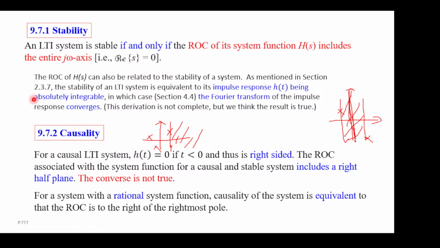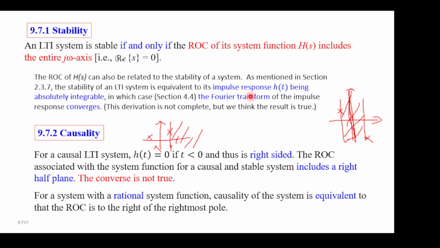So that's what you will use for solving problems: ROC containing the j omega axis if and only if the LTI system is stable. The derivation is a little tricky, but hopefully we can see the idea here.